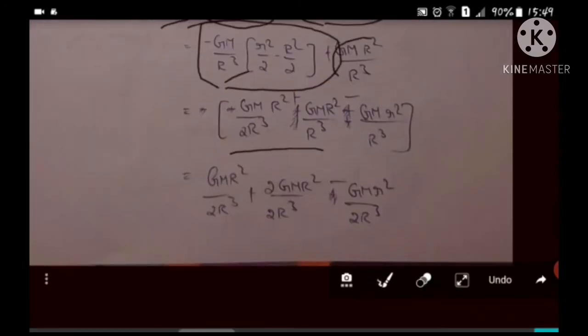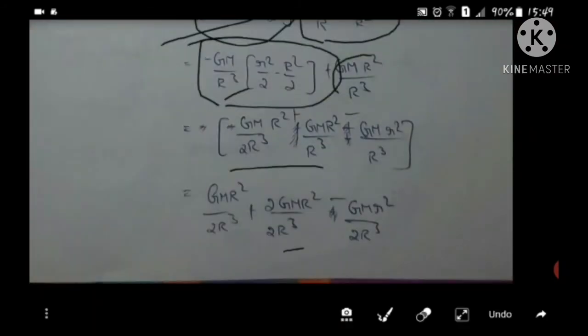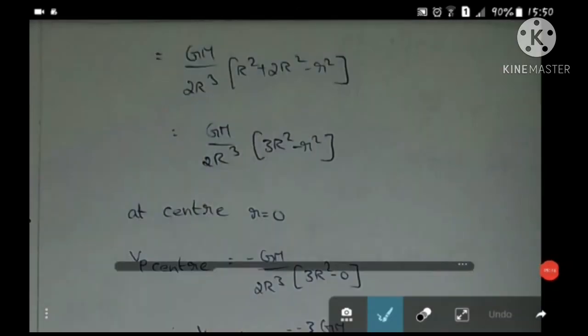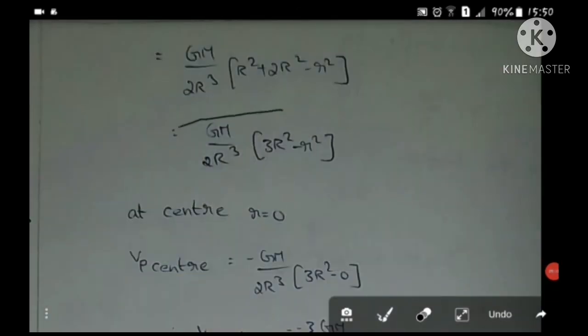Taking GM by 2R cube common, we get R square plus 2R square minus small r square, then we get GM by 2R cube into 3 capital R square minus small r square, and this is the value of the potential inside the sphere.